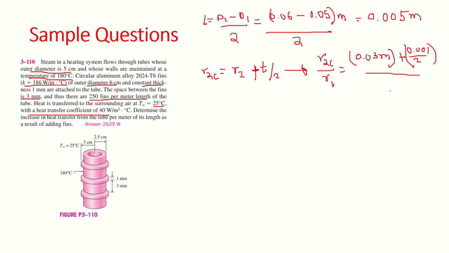R1 is the outer diameter without the fin, 0.025. So we'll get R2C by R1 is equal to a constant value, 1.22.